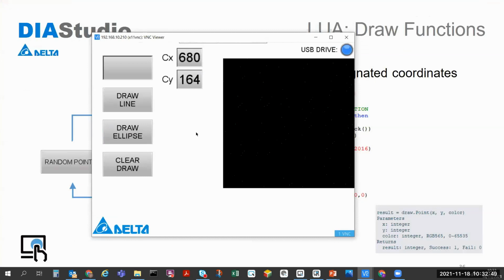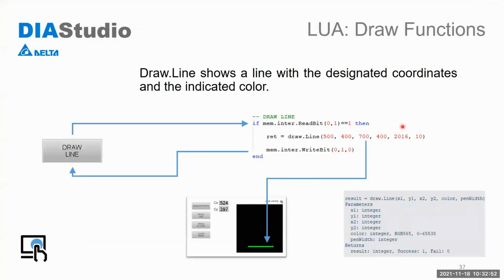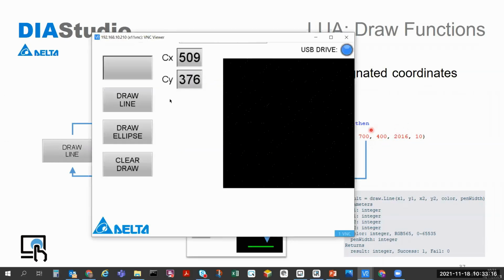The next function that I would like to show you is draw line. In this case, the parameters we need to enter are the coordinates of the initial point and the coordinates of the end point of this line. We also need to indicate the color, of course, and the pen width, so the width of the line. Let me stop generating random points, and here you have it.